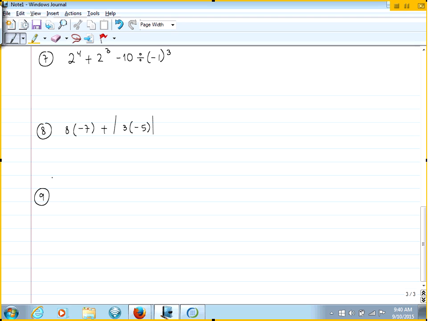Number 9. 36 divided by negative 2 squared plus 4 times 5 minus 3, 8 minus 9 to the 5th.